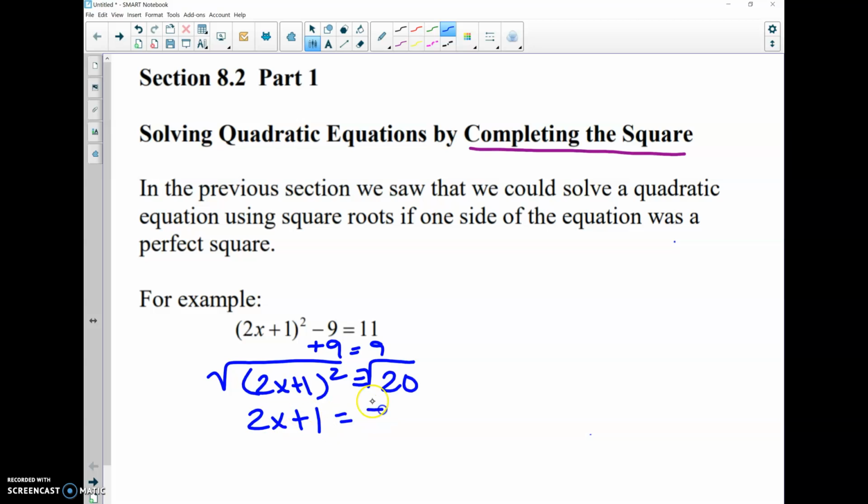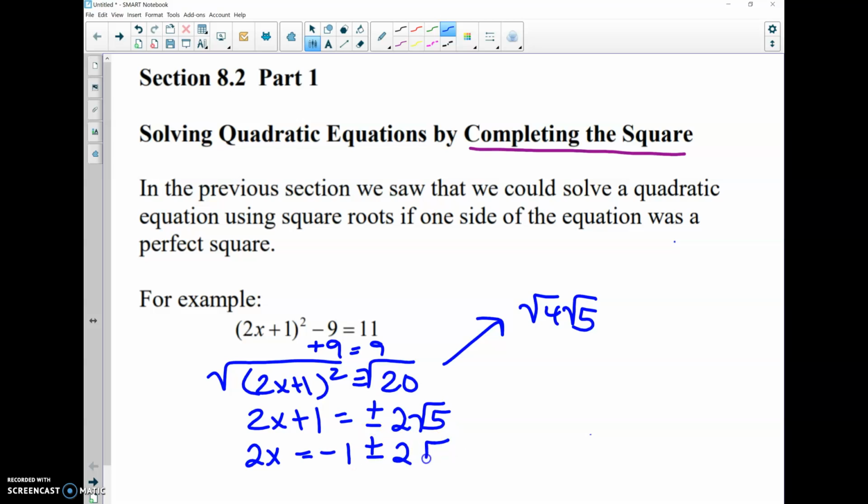We have to remember plus or minus the square root of 20, square root of 4, square root of 5, so 2 root 5, and then solve this for x. Subtract 1, always put that in the front, and last step, divide by 2. So our answer is -1 plus or minus 2 root 5 all over 2. That is 2 answers, one with the positive and one with the -2 root 5.